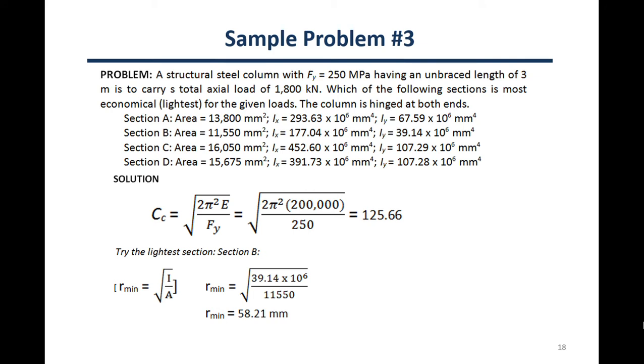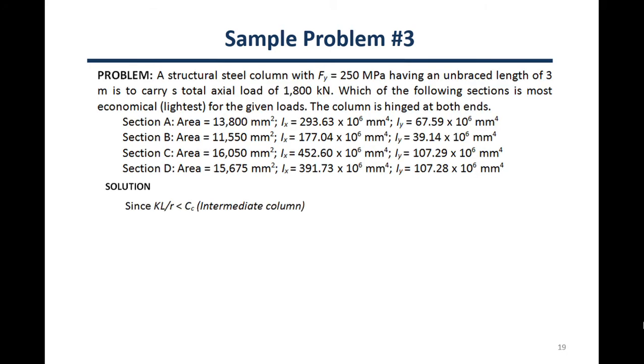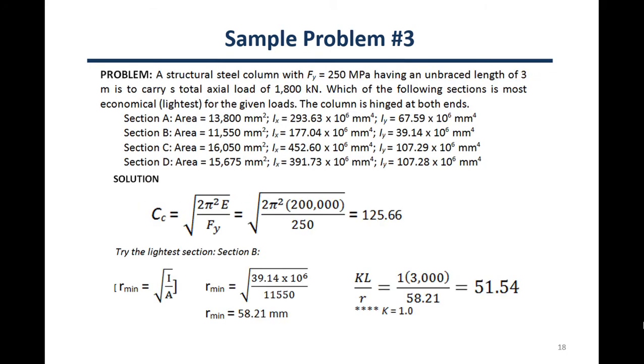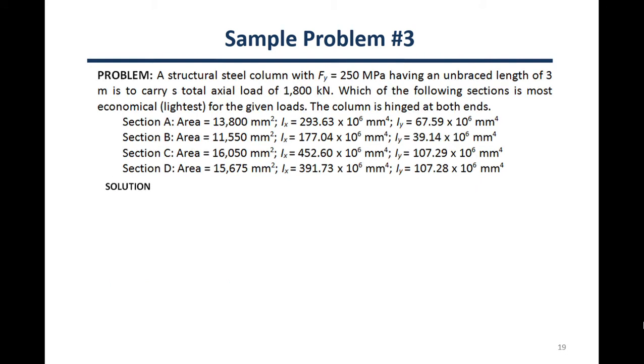For getting the r minimum, KL over r is 51.54. I use 1 for the value of K, unbraced length. So lumilitaw na mas malaki ang Cc compared to KL over r.